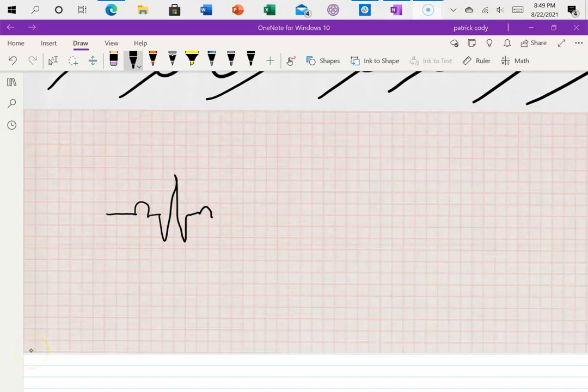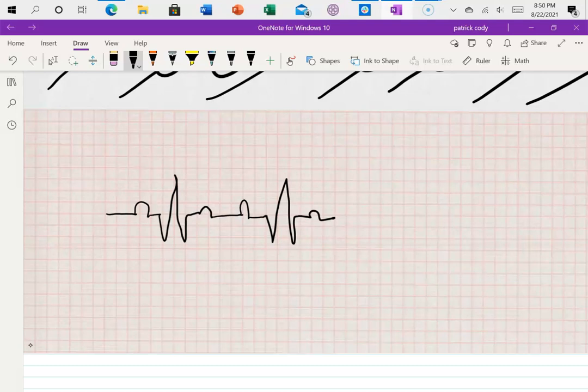And then we carry on here and we have an isoelectric line and we start the process over. And then once again we have our P wave and then our QRS complex and our T wave, and then we just carry on in that manner.